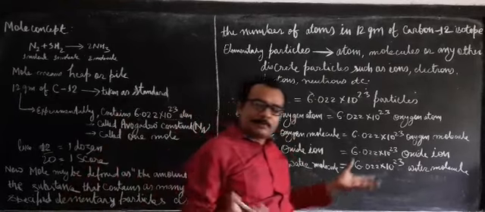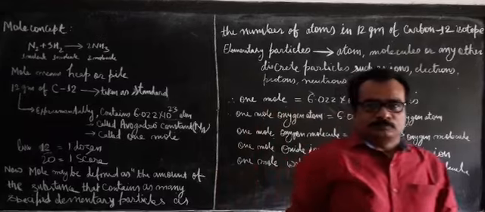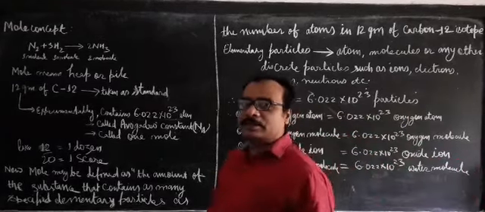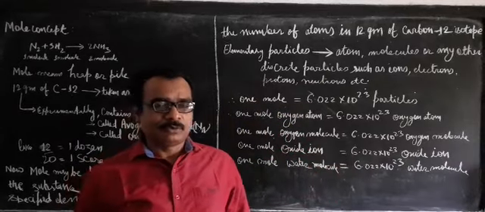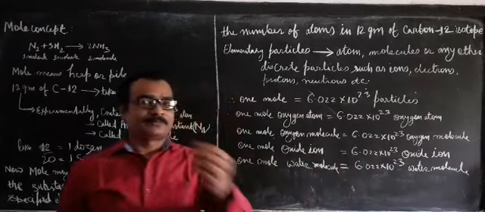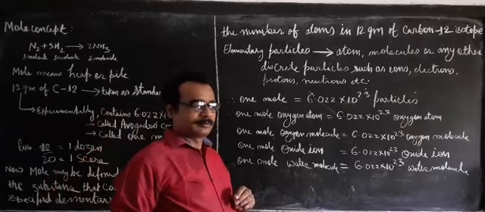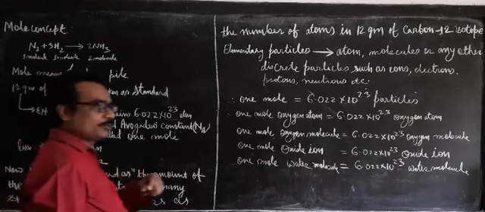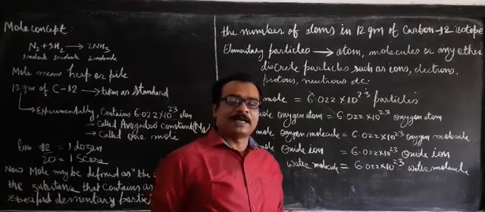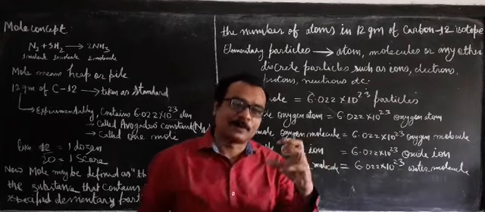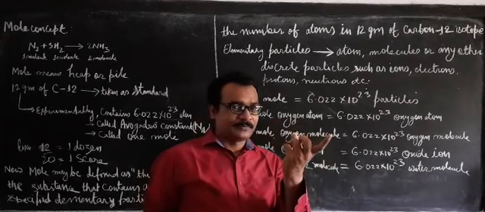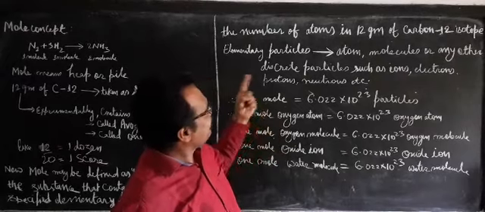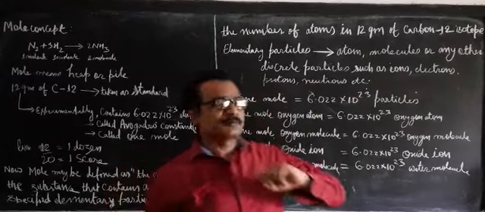Now take the example of nitrogen. Nitrogen 14. What is the mass of nitrogen? That is 14 gram. So 14 gram of nitrogen is the amount of substance which will contain the same number of atoms as is available in 12 gram of carbon-12.